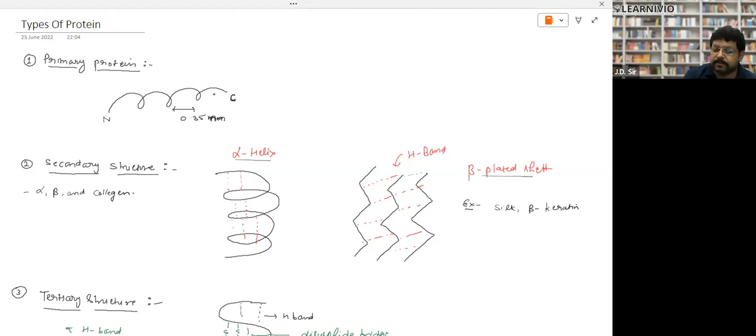In collagen, polypeptides are coiled around one another. Full stop. The coil is strengthened by hydrogen bonds.